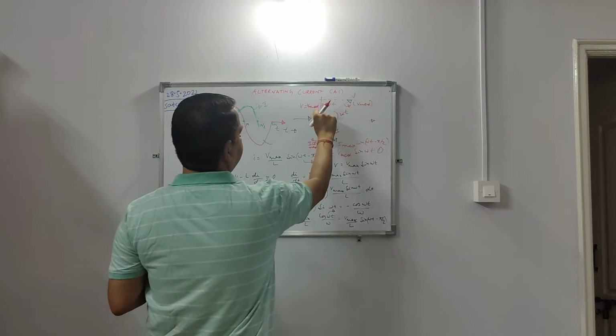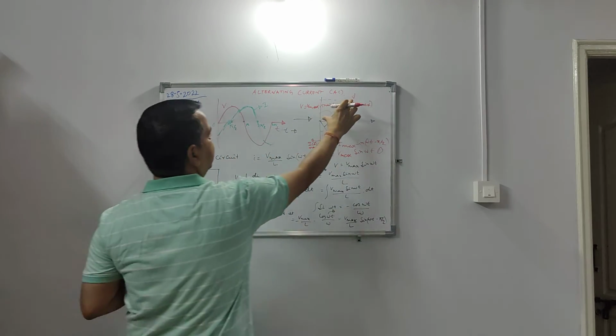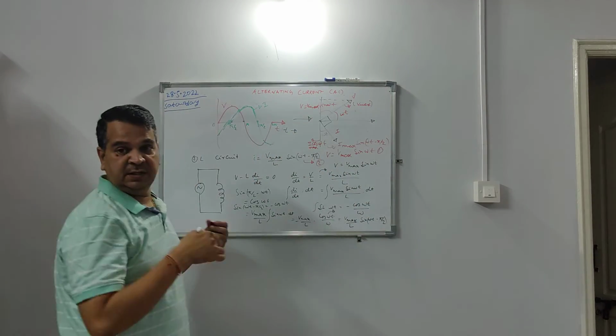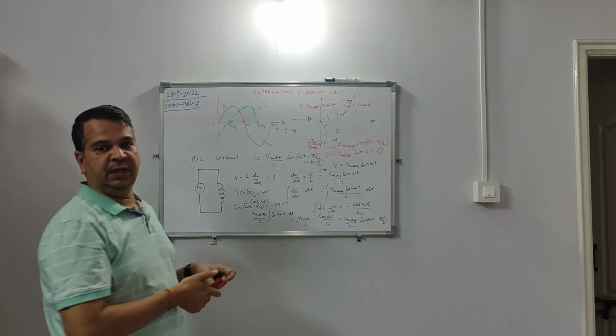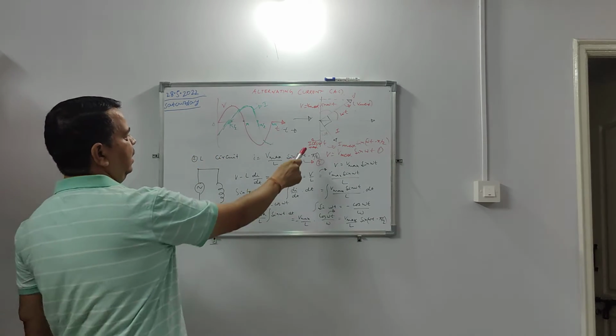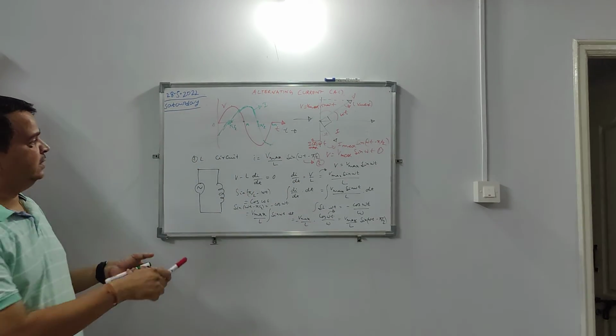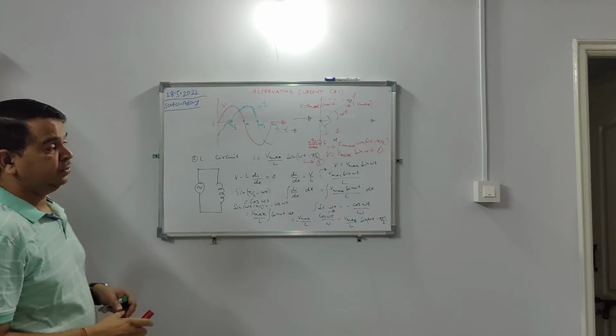So the instantaneous voltage is actually this projection. Whatever we are showing, these two black lines are the maximum values of voltage and current. So when you project it on the y-axis, you get V max sin omega t and I max cos omega t. Those are the projections.